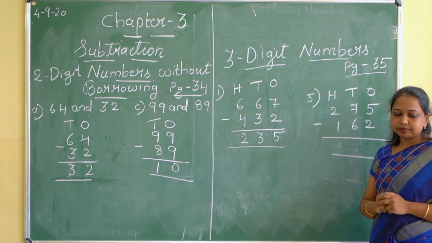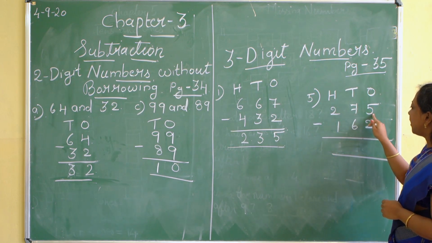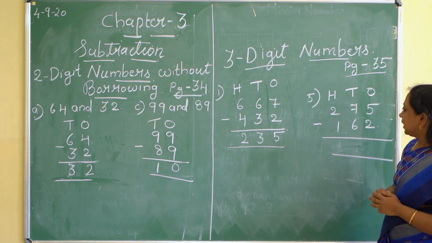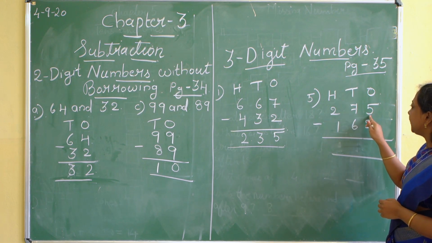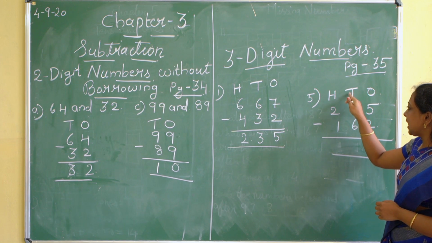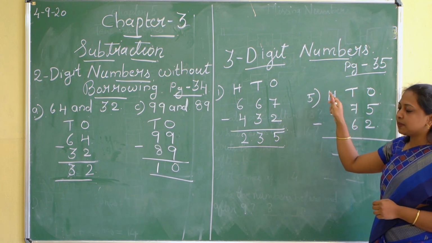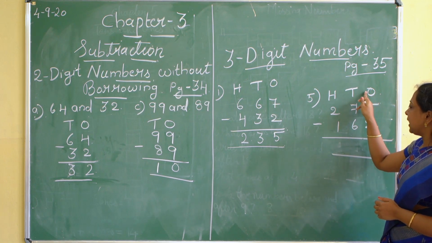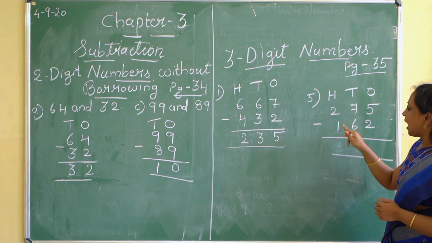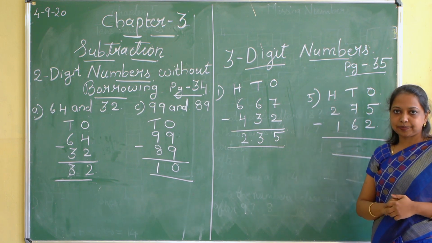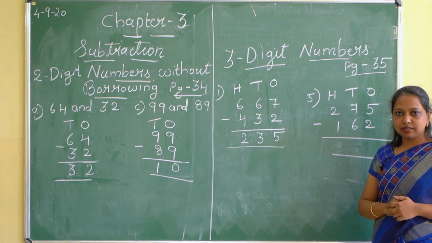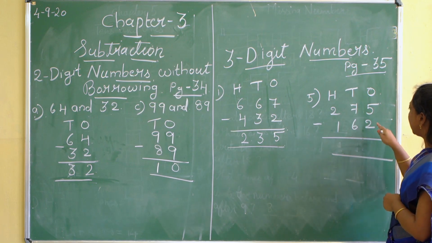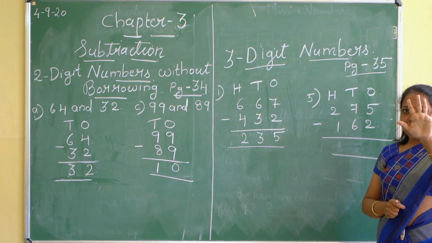Let's solve this 5th question. 275 minus 162. In 275, 5 is in 1's place, 7 is in 10's place, and 2 is in 100's place. And in 162, 2 is in 1's place, 6 is in 10's place, and 1 is in 100's place. Let's solve the question. We start from 1's place. 5 minus 2. Take 5 fingers and fold 2.